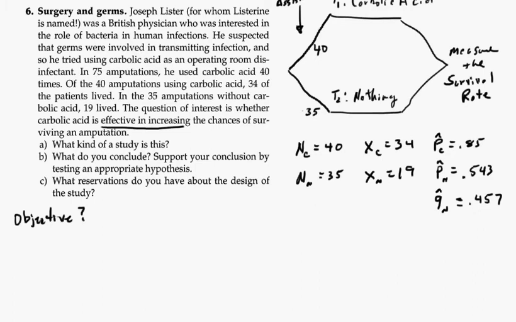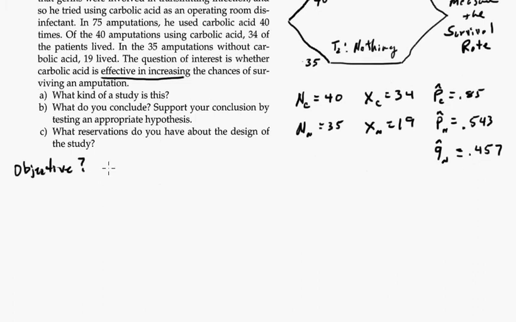So we want to show that the proportion of people that had amputations and carbolic acid was used, that their survival rate was greater than when it was not used. Okay, so this is what we want to show. We want to prove that.